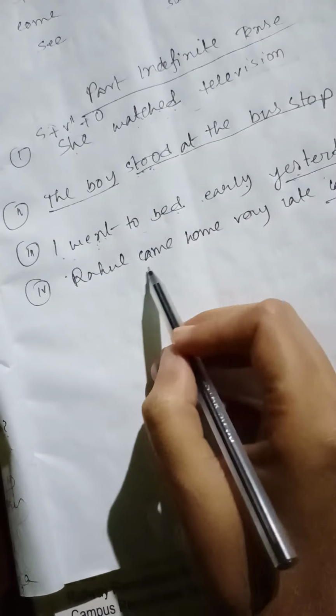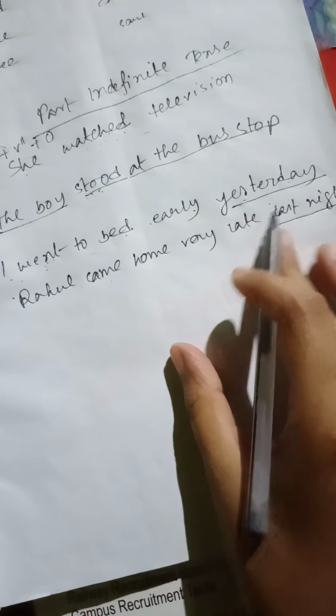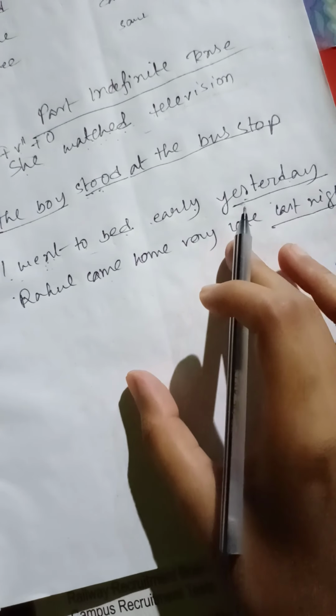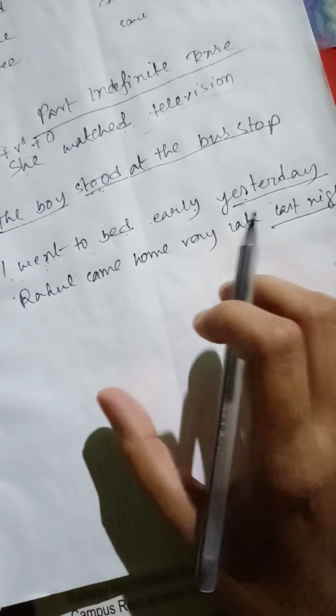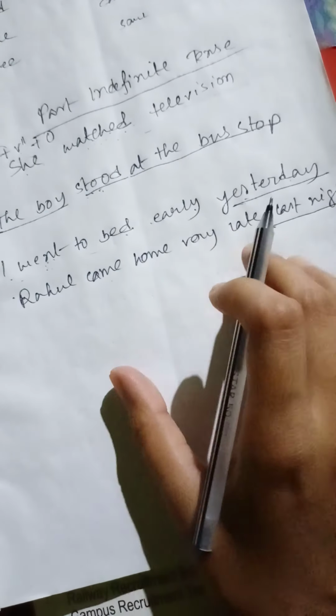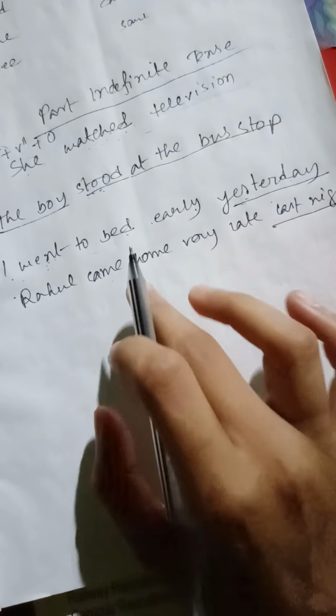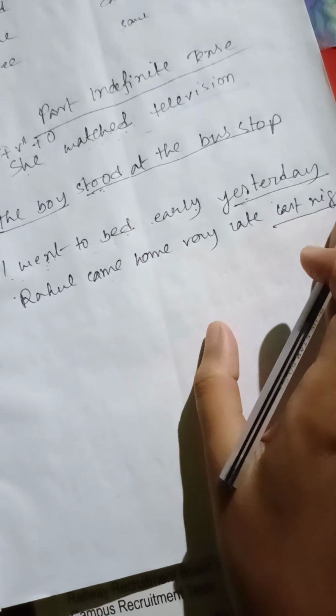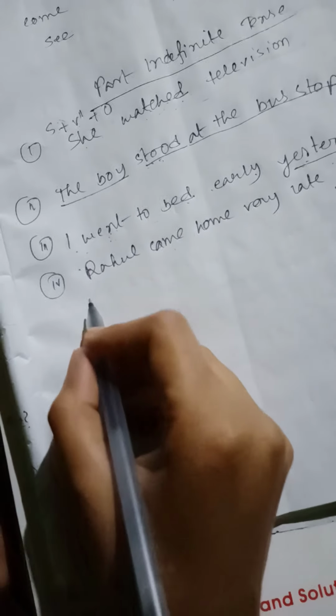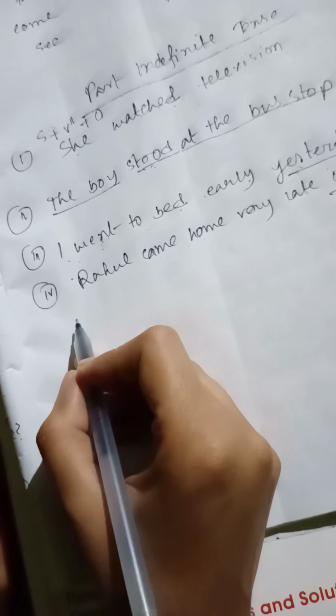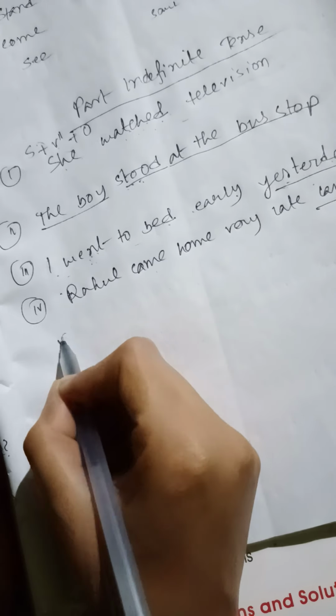Rahul came home very late last night. What is it talking about? It's talking about Rahul's action of coming home late last night. In this way, you will form sentences of past indefinite tense.